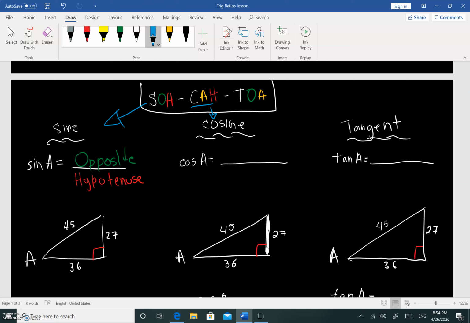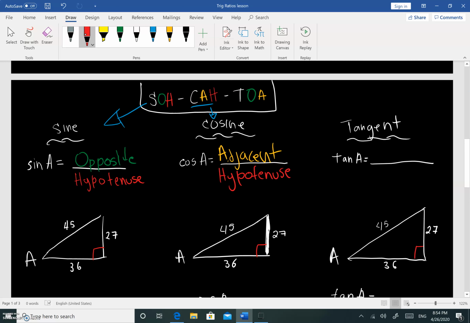So this ratio is going to be adjacent, and let's make that in capital, over, what do you think is going to go on the bottom? The hypotenuse. Right? Because we have CAH, which is cosine of A is equal to adjacent over hypotenuse.